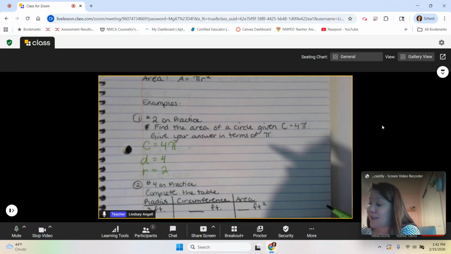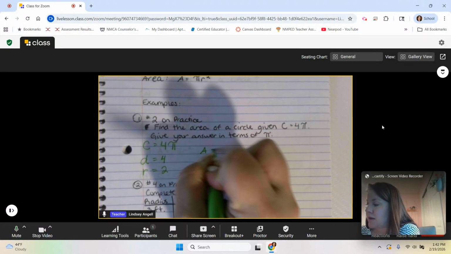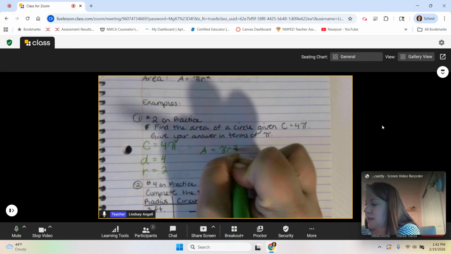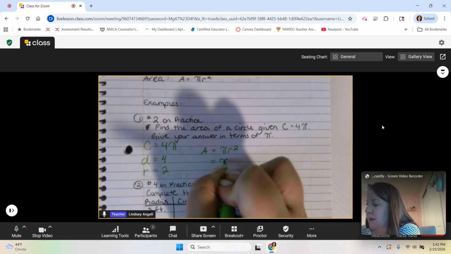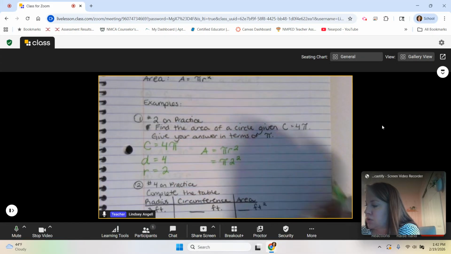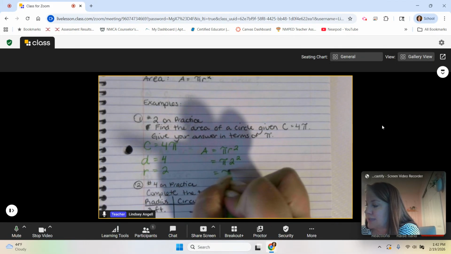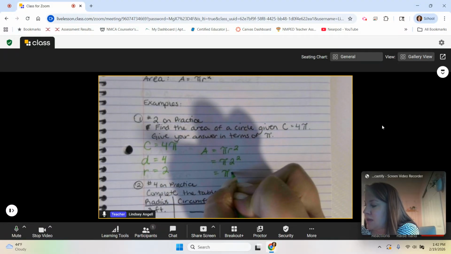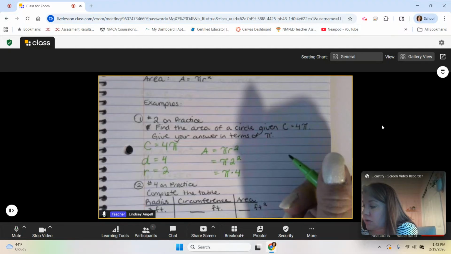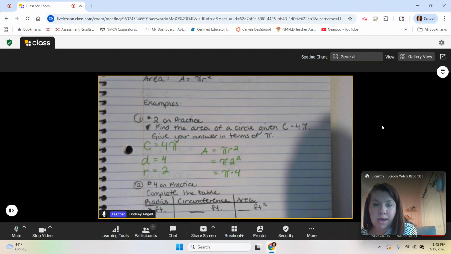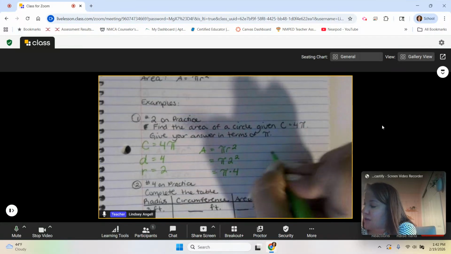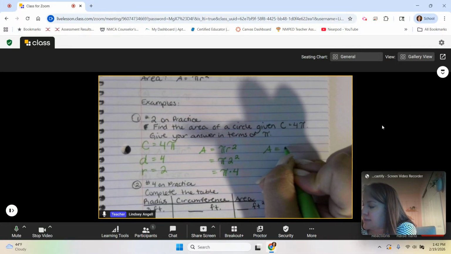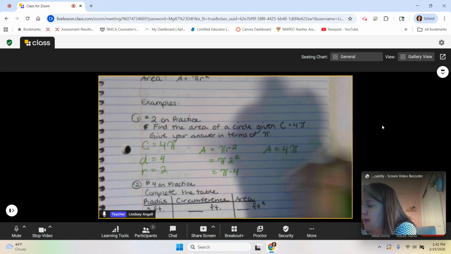So if we're trying to find the area, well, the area is equal to pi times the radius squared. So we can say pi times 2 squared, which in this case gets us back to pi times 4. So our final answer would be the area is equal to 4 pi.